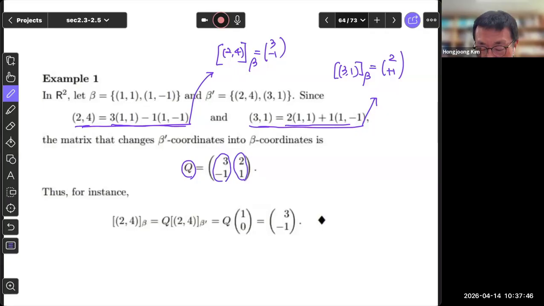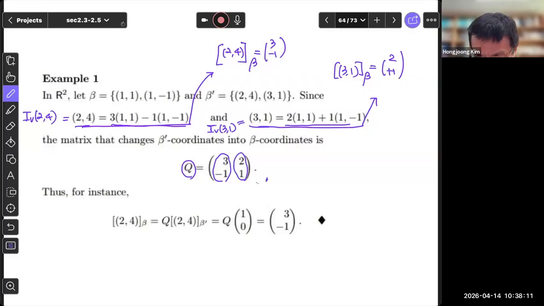Do you follow me? Because this (2, 4) is the image of the identity mapping, and this is the image of the (3, 1) vector under the identity mapping. So Q is constructed by this.